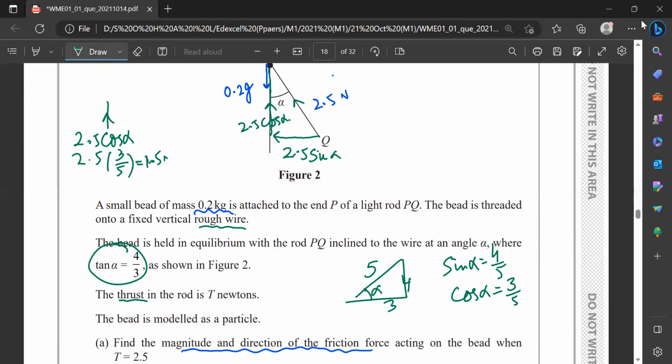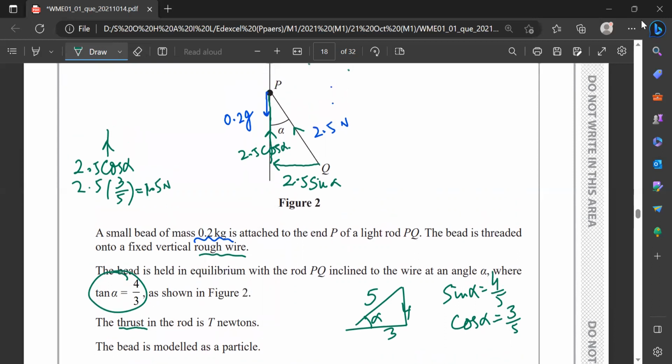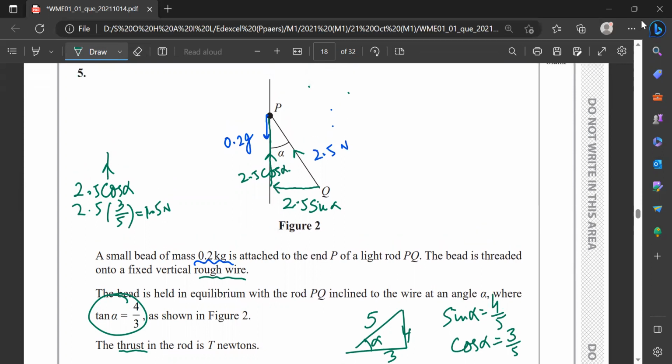So 1.5 newtons is here and the other is 0.2 g. Which one is greater? 0.2 multiplied by 9.8 is 1.96.